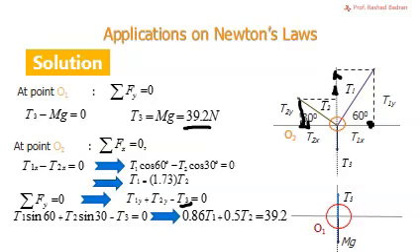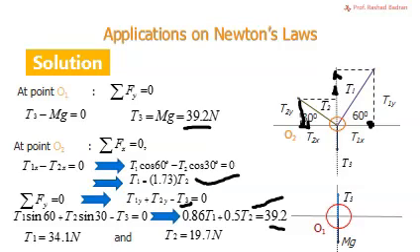Now when you solve these equations simultaneously, you will get T1 equal 34.1 newtons and T2 equal 19.7 newtons.